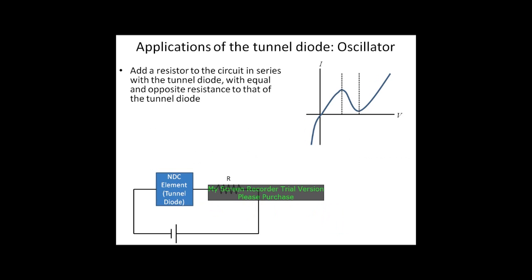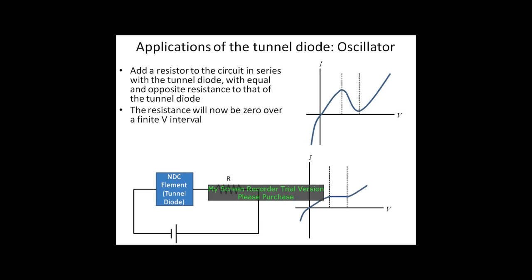The second application of the tunnel diode is an oscillator. So what we can do in this case is add a resistor to the circuit in series with the tunnel diode, and this resistance will be equal and opposite to the resistance of the tunnel diode. So then the resistance of this circuit as a function of voltage, or the slope, is 0 for a finite voltage interval, shown at the bottom right of your screen.